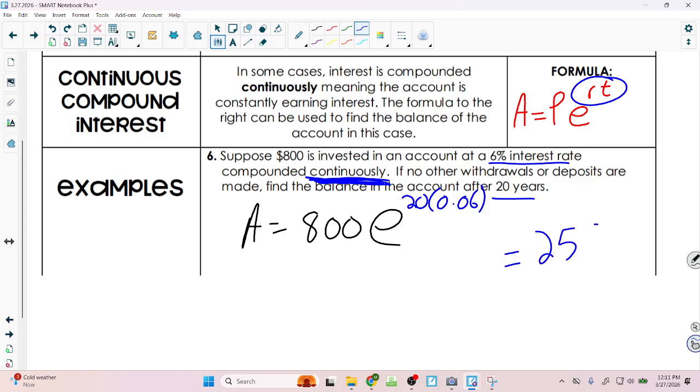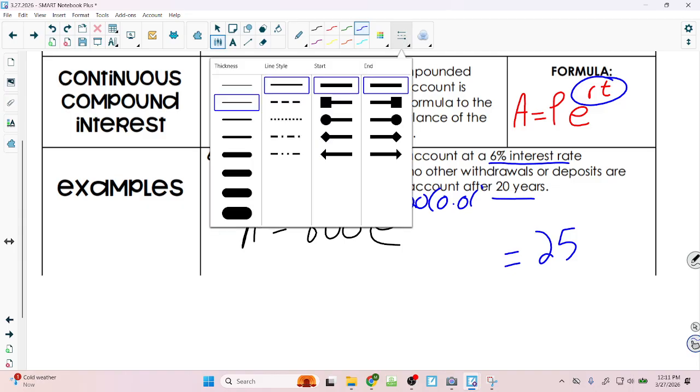2656. Whoops. Oh, man. I know what happened, guys. This morning, my smartboard wasn't working. So they uninstalled it and they reinstalled it. So now all my defaults, my preferences, reset. I changed the eraser size to always be the smallest. And I changed the thickness of this line to be on the thinner side.